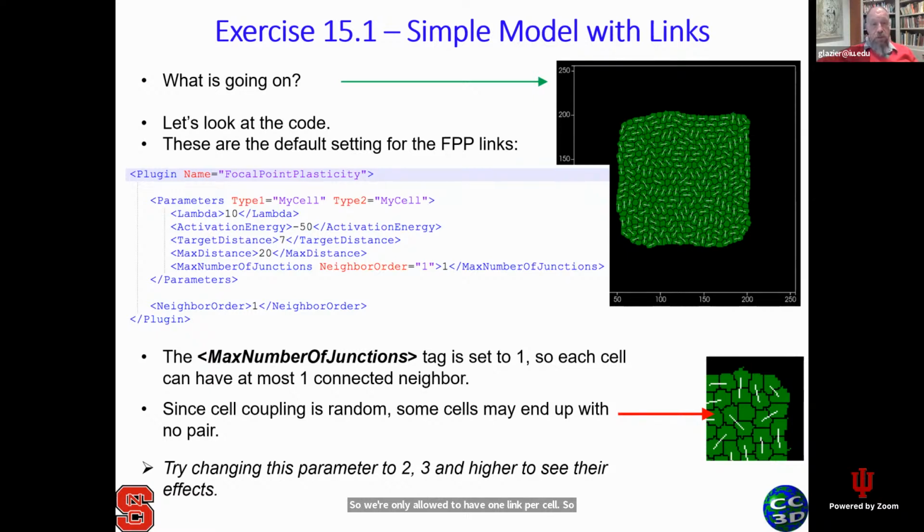So what I'd like you to do now is edit maximum number of junctions to 2, run it again, and tell me what you get. In particular, what can be sort of interesting in this case is what kind of connectivity do you need to make sure that all the cells are connected, or that all cells are connected to at least 3 neighbors, for example.